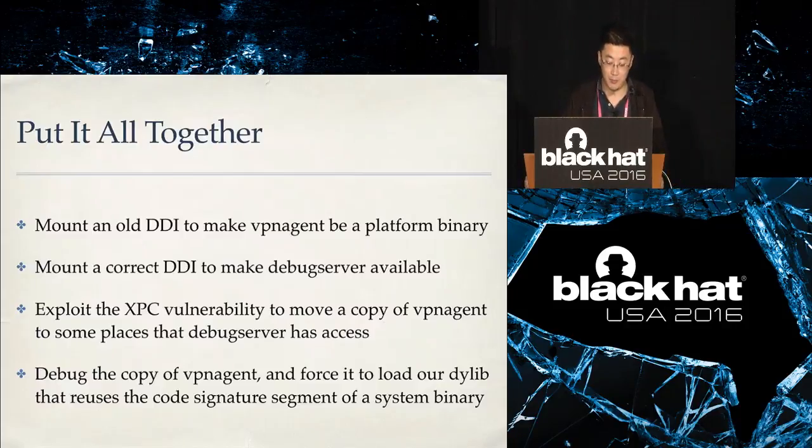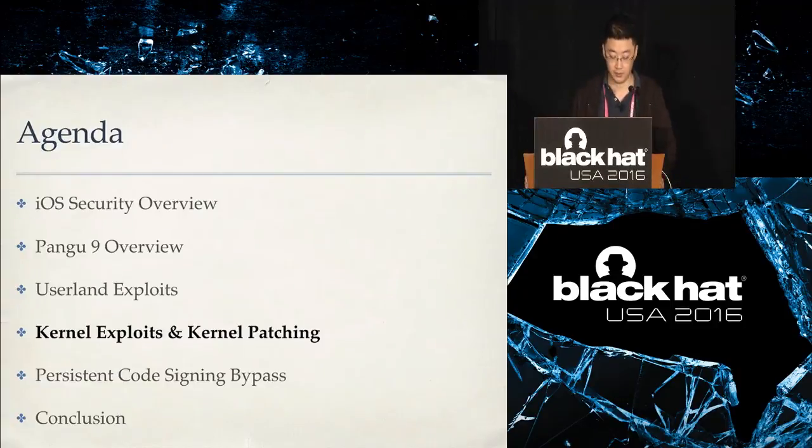And now we debug this copy of the VPN agent and force it to load our dynamic library. And the dynamic library is carefully designed so we can bypass code signing and TeamID validation. So yeah, now we'll continue to introduce the kernel part and how to achieve the persistent code signing bypass.